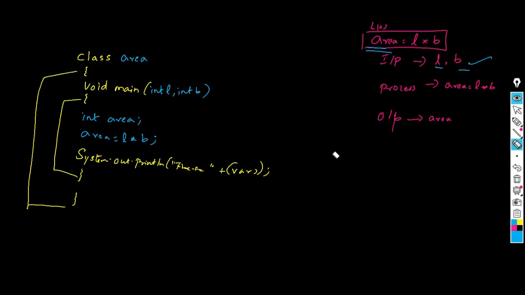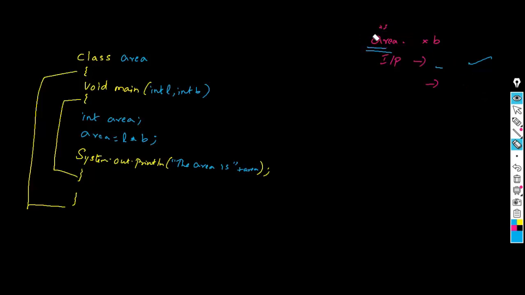Now I have to print it. So just replacing whatever skeleton I have taught you, just replacing it. So here the area is plus area. Yeah, this is how the program gets executed, and this is how you're going to do all the programs based on Java programming. Any doubt here? Okay, coming on to the next one.